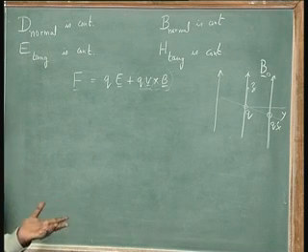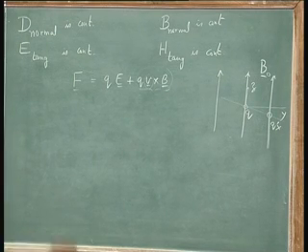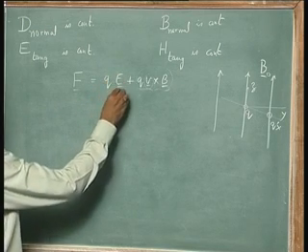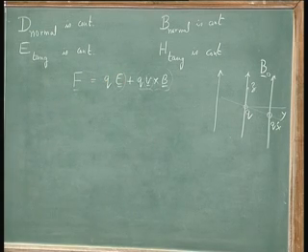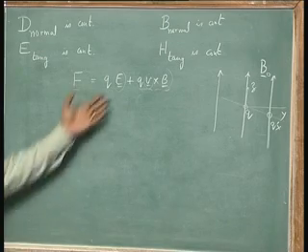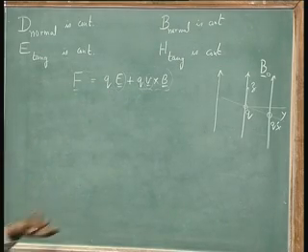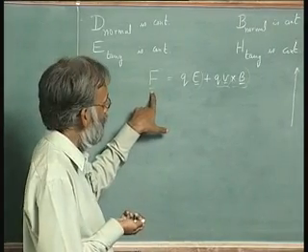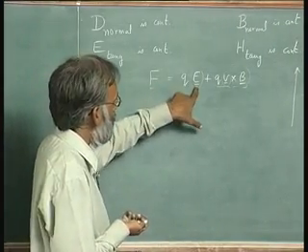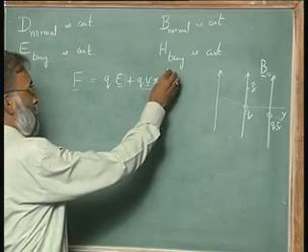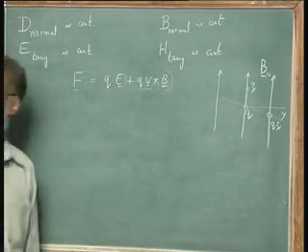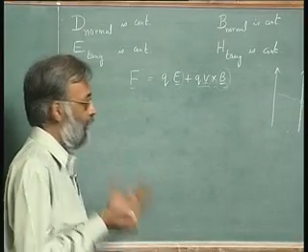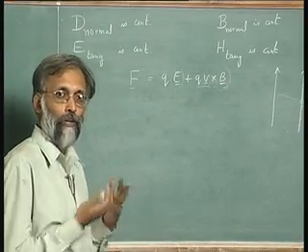Now, what I am going to do is I am going to say that supposing I allow electric field to be different, because electric field is just something I have defined. Only thing that is real is force. Supposing I allow my electric field and magnetic field to be defined differently depending on whether I am sitting still or I am moving.